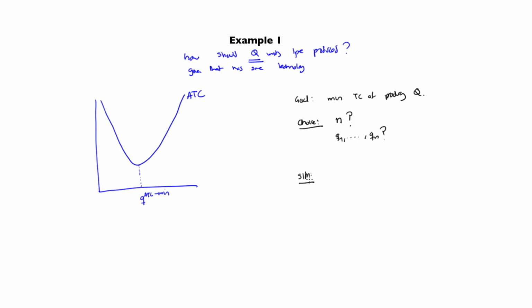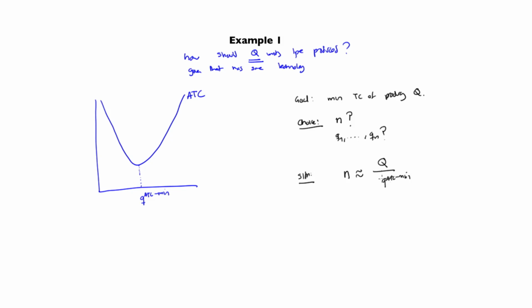It's very intuitive. If you look at this average total cost curve, to minimize total cost, ideally you would like to have every unit produced at the minimum possible average total cost. So that means that the number of firms that you're going to want to set up is going to be approximately Q divided by Q_ATC min.